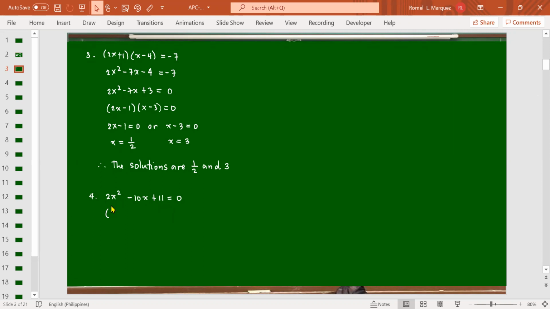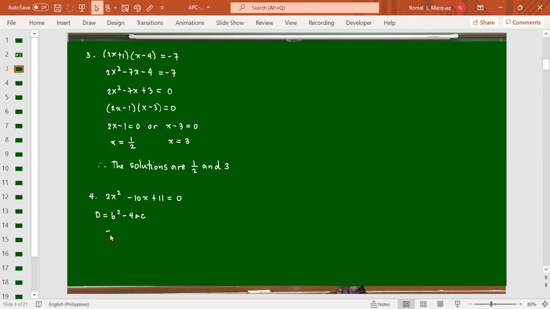Is it factorable, the left side, guys? I don't think this is factorable. No? Because to check if it is factorable, we can apply this formula, no? B squared minus 4AC. If this is a perfect square, then this is factorable.